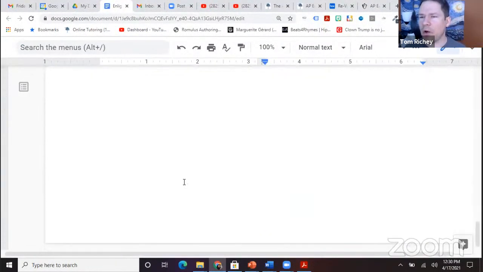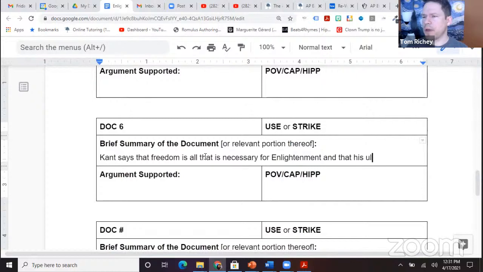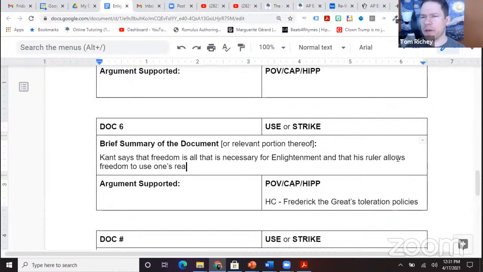Okay, so we're going to go all the way to document 6, and we're going to see that Immanuel Kant says that freedom is all that is necessary for enlightenment, and that his ruler, which of course is Frederick the Great, if we're thinking about historical context, Frederick the Great's toleration policies, that his ruler allows freedom, freedom to use one's reason in public.